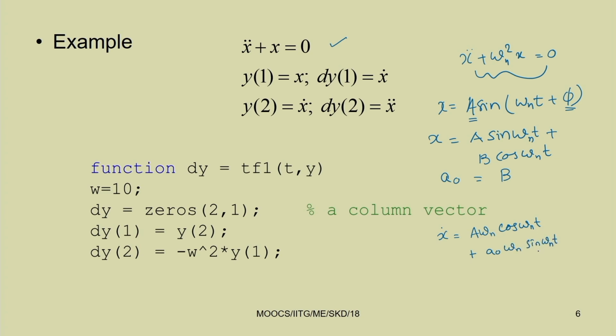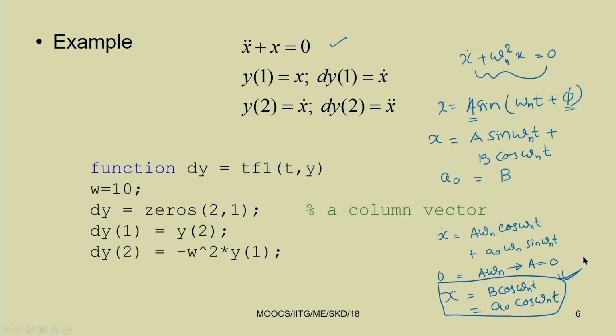At t equal to 0, as the velocity is equal to 0, a omega n equal to 0. As omega n is not 0, a equal to 0. So, the solution becomes x equal to b cos omega n t, where b equal to a0. So, the solution becomes a0 cos omega n t.